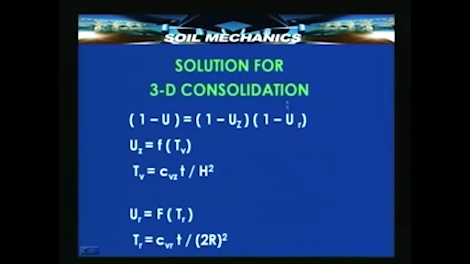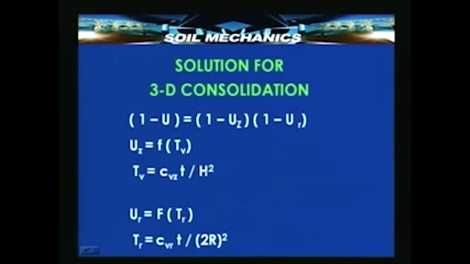On the other hand, the degree of consolidation in the radial direction, which is a function of Tr, that is the time factor for the radial process, can be expressed to yield Tr as Cvr t divided by a factor 2R square, which corresponds to h square of the vertical case.